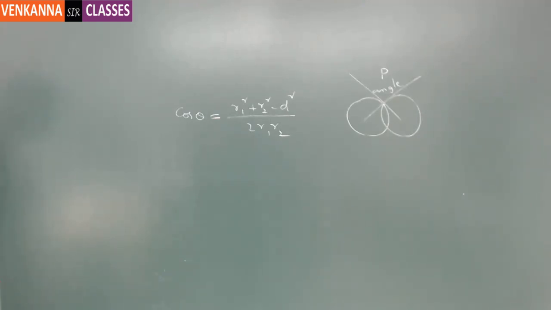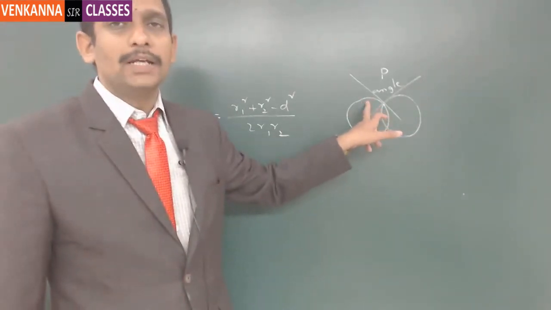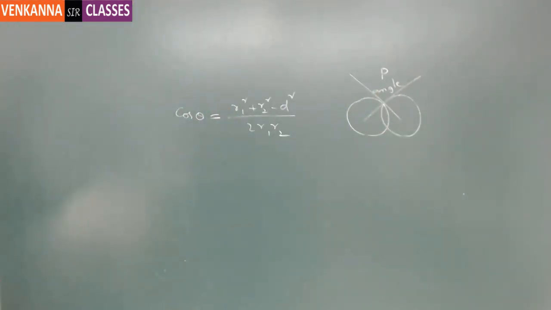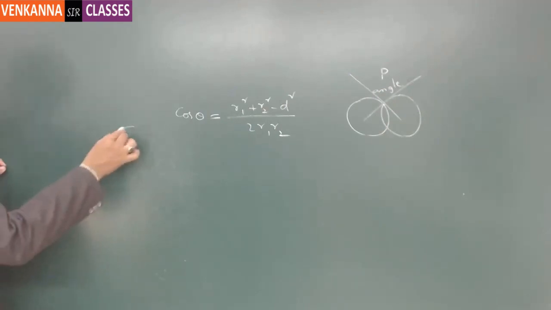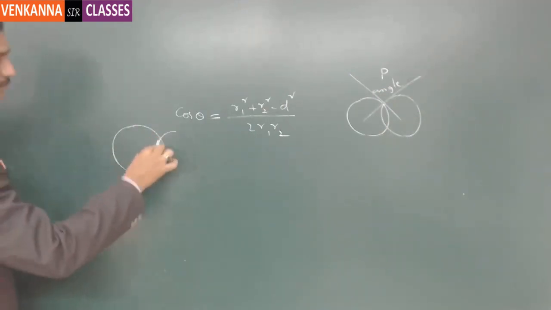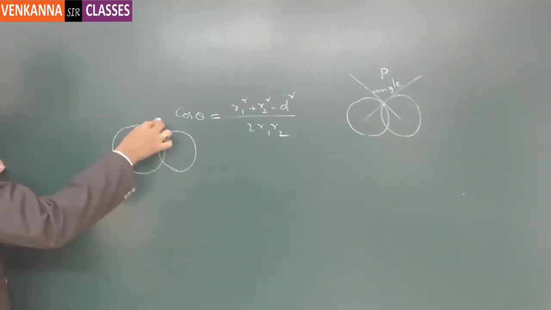Now what happens if the two spheres intersect orthogonally? In other words, the angle at this point is nothing but 90 degrees. So in such case, what happens? If you observe that this is sphere 1 and this is sphere 2, at this point you have 90 degrees.